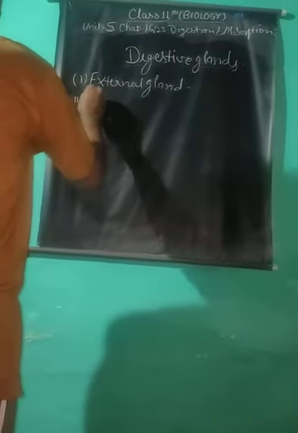External glands are found outside the alimentary canal and pour their secretion through ducts, and glands found in the wall of the alimentary canal are called internal glands.